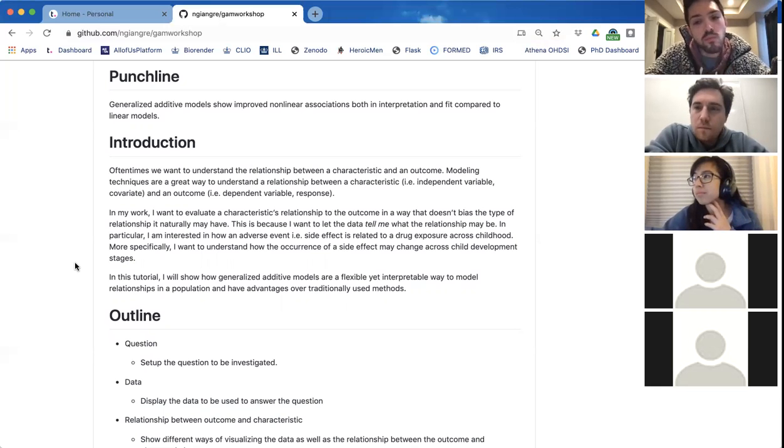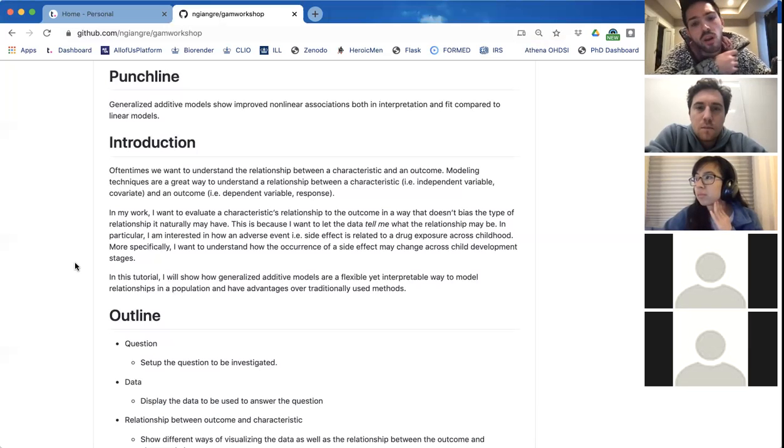These are from linear models, and it assumes that the relationship to the outcome is linear, that a change in the characteristic results in a corresponding change in the response. So modeling techniques are a good way to understand these relationships. So that's why I'm gonna go over them more.